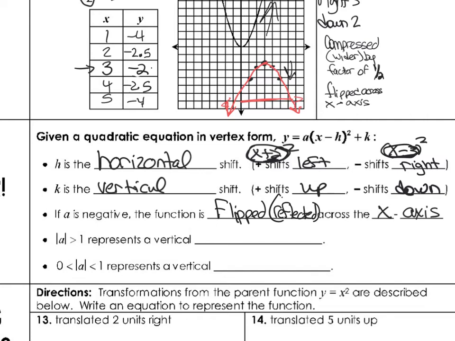So if A is greater than 1, that represents a vertical stretch. I cannot spell today. And if A is between 0 and 1, which is a fraction, then you're going to have a compression.